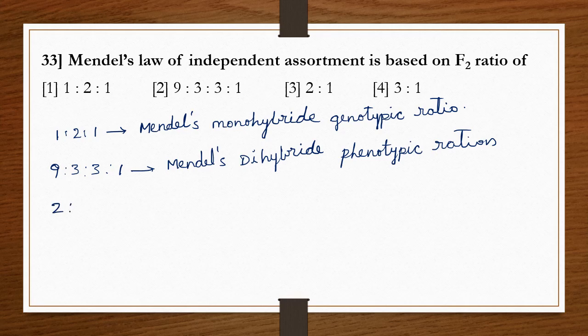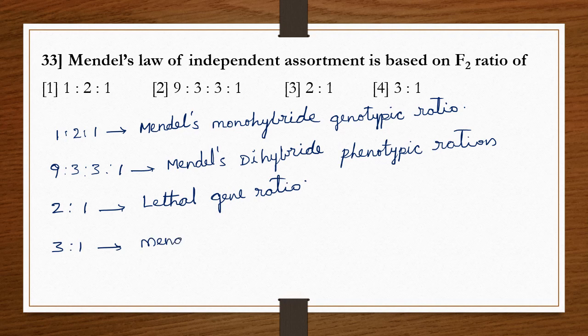2:1 represents the lethal gene ratio. And 3:1 represents Mendel's monohybrid phenotypic ratio.